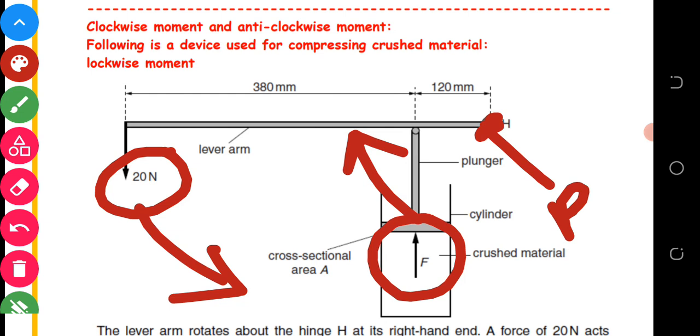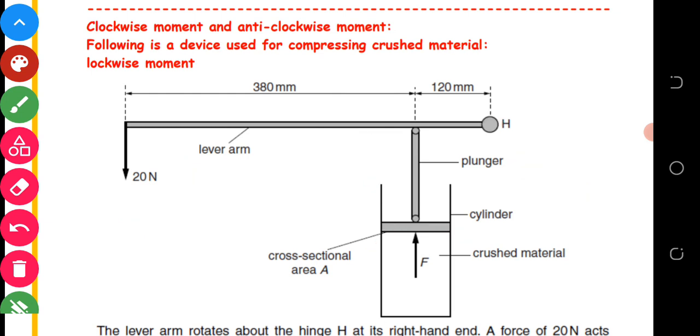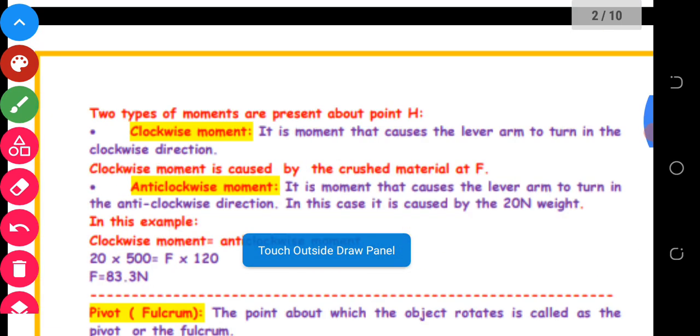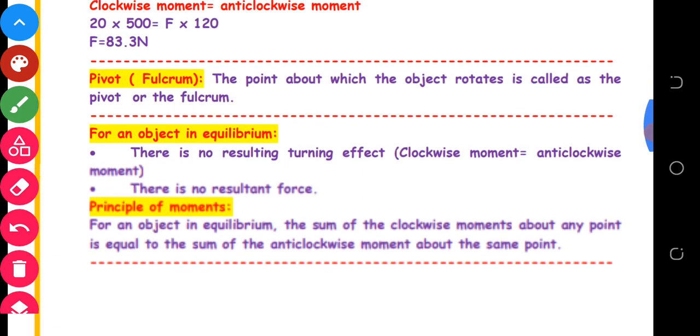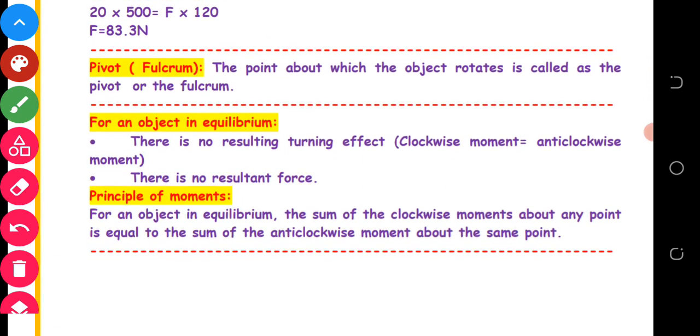So if we are able to identify the clockwise moments, the anti-clockwise moments, and the pivot, then believe you me, we've already done 50% of all the work that needs to be done in order for us to solve that particular problem.